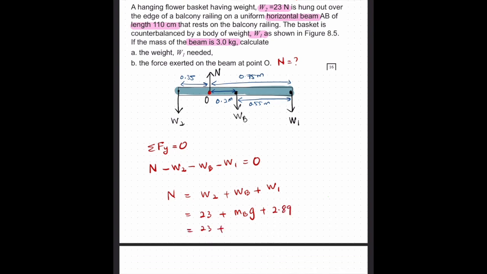Substitute all the values: mass of beam is 3 times 9.81, plus 2.89. We get N equal to 55.3 Newton. That is the normal force, and that is the force exerted on the beam at point O.